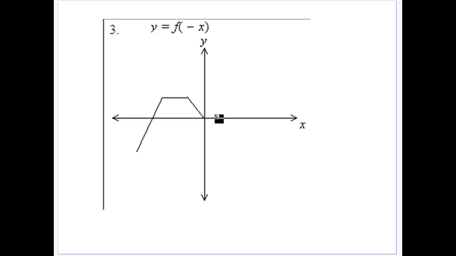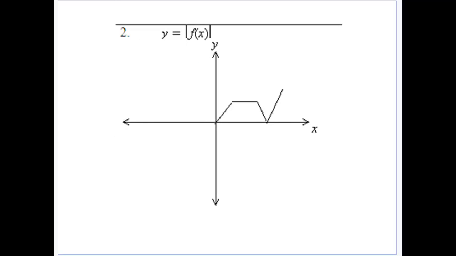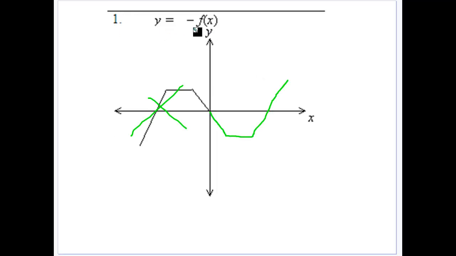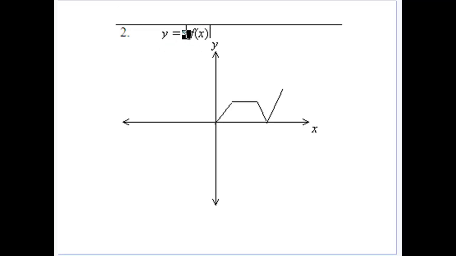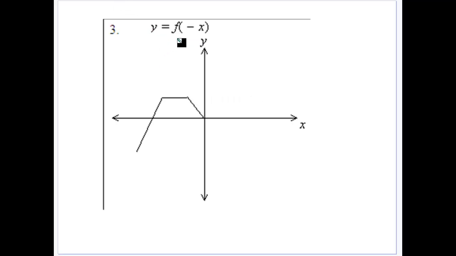Now, keep in mind that you're going to have some rules to follow when faced with certain situations. We've given you 3 rules with this one. What happens when it's a minus of a function? What happens if it's an absolute function? And what happens with function of minus x?